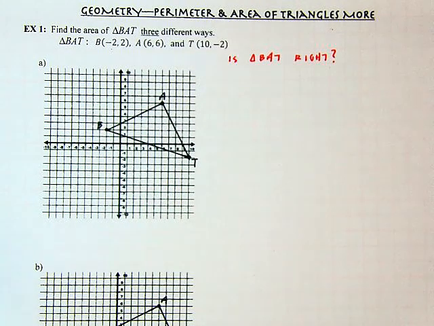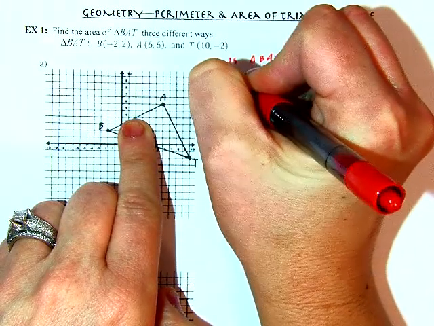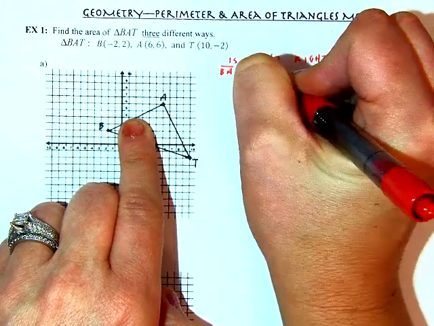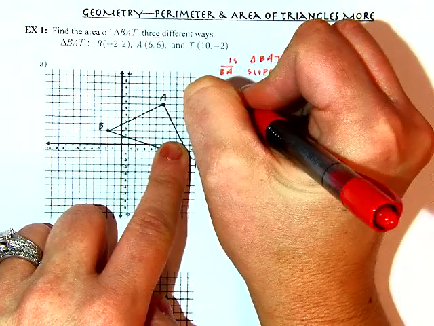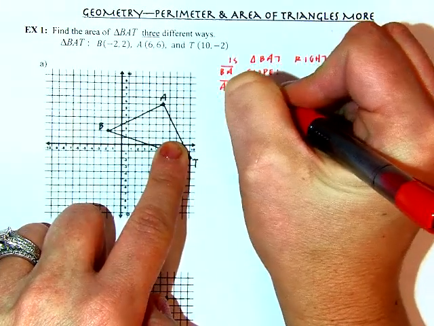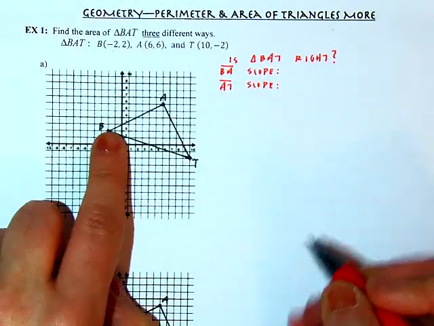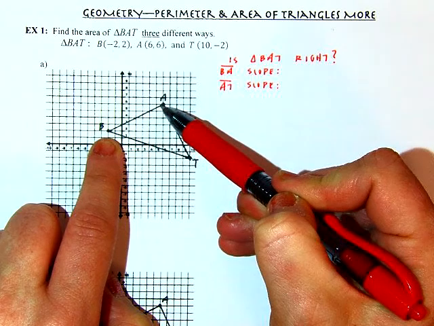So I'm going to look at the slope right here of BA. I want to find its slope, and I want to see what this slope is right here, AT slope. All right, so for BA, I should see that I'm going up 4 and right 8.